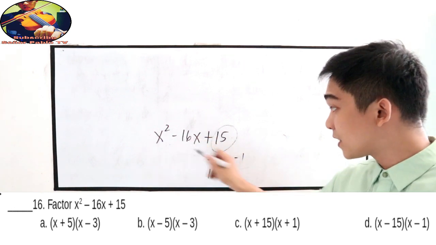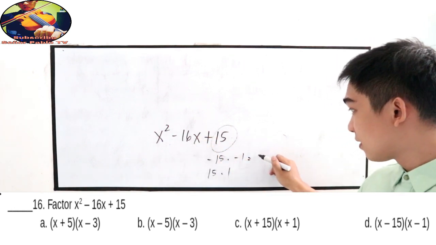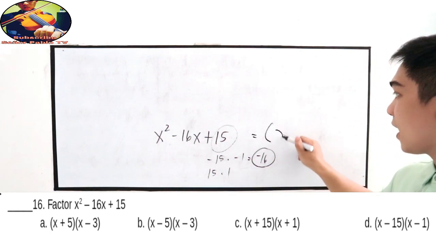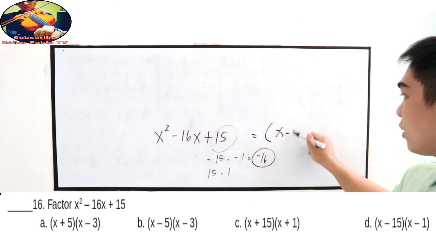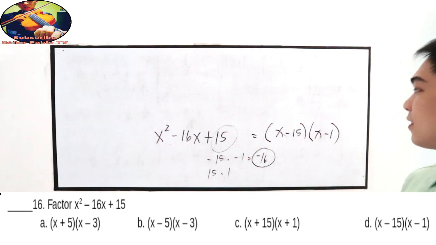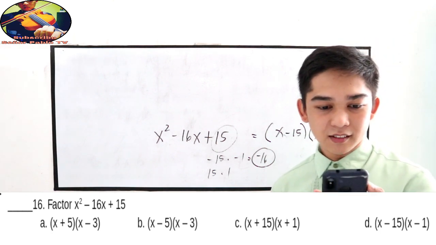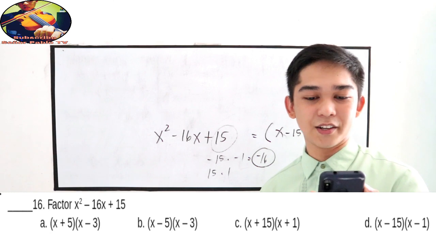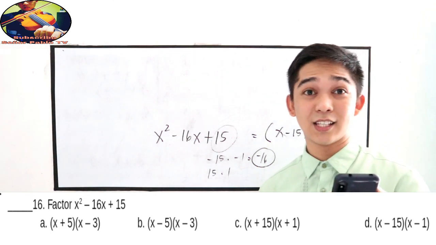Alin dyan? Negative 16. So, ito tayo, negative 16. So, ang factor niyan ay x minus 15, x minus 1. Anong letter? 16 is dog. Letter D, as in dog.